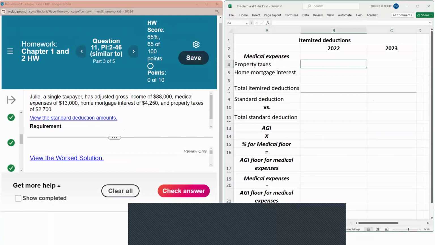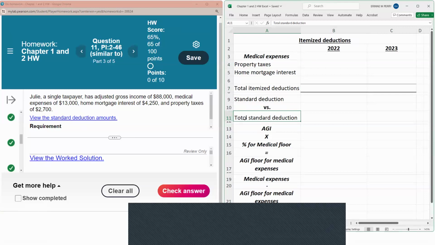So first things first, as we mentioned, there's a from AGI deduction, and the from AGI deduction is the greater of the standard deduction or itemized deductions. So for 2022, it lets us know that she's a single taxpayer.